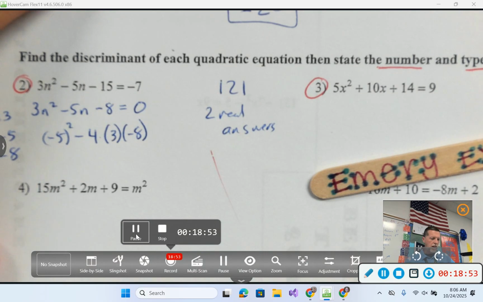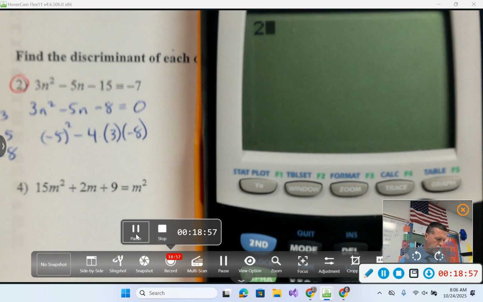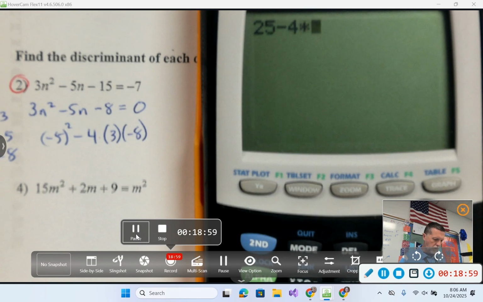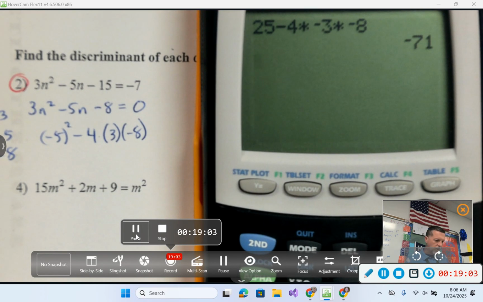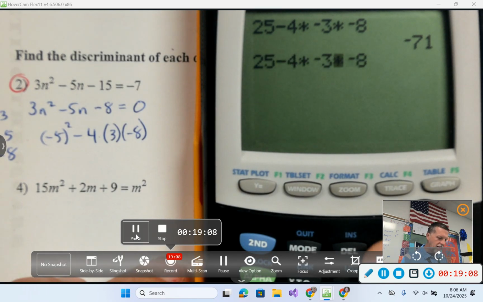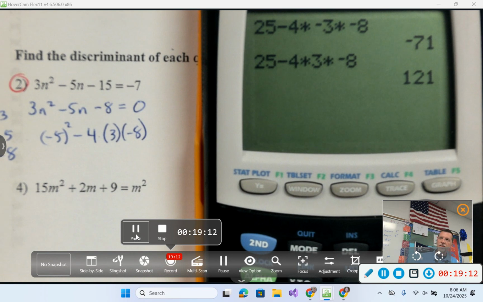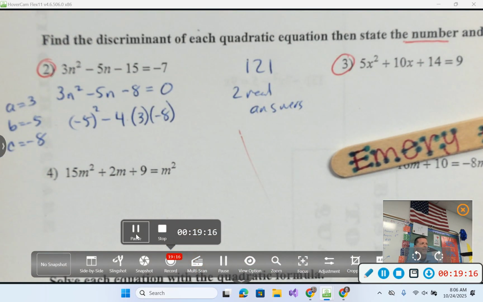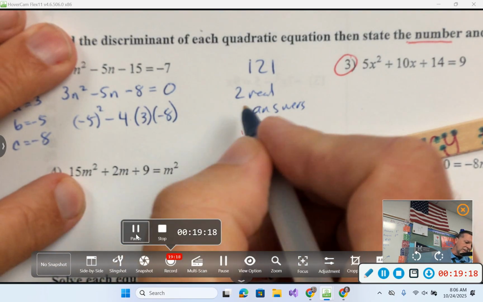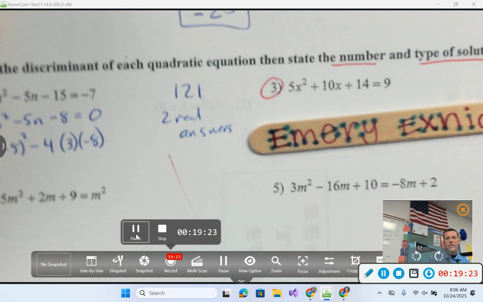And at this point, why risk messing anything up? 25 minus 4 times negative 3 times negative 8. Uh-oh, what did I do wrong? Negative 3. It's positive 3, you're right. 121. And again, because that's going to be what's under the square root, that'll get me 2 real answers.